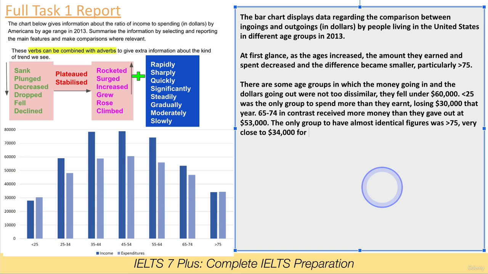Very close to 34,000 for both streams of money.